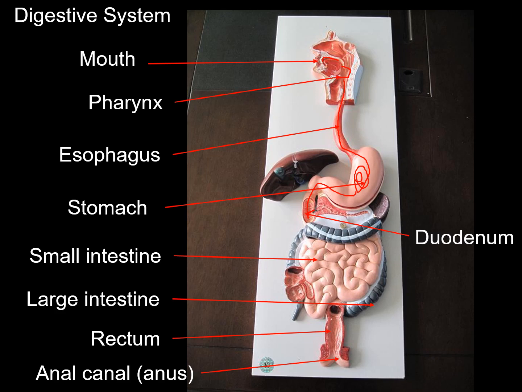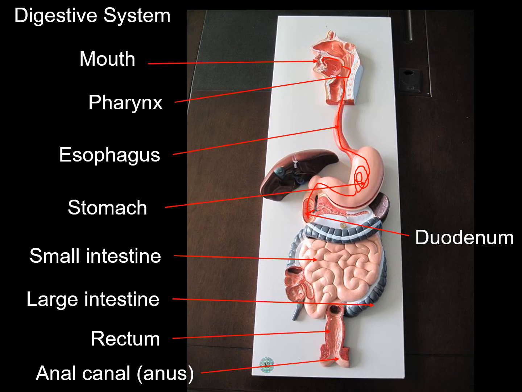We break it down into tiny little bits of material so that we can absorb it into our bloodstream, and then it'll go to the liver via the hepatic portal system, right? When we talked about that back in our vessels.